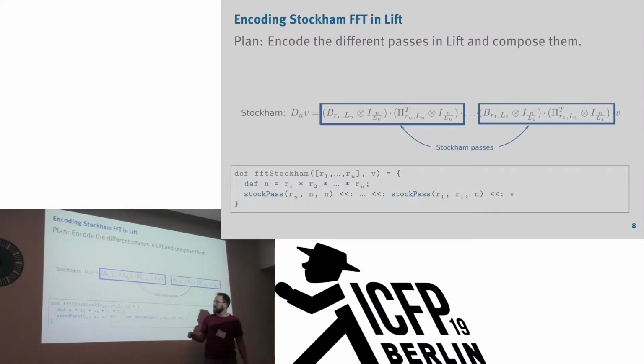And then we apply a lift function, stock pass, to v, and then we apply one stock pass after another until we have computed the entire Fast Fourier Transform. And as we can already see, the stock pass function is reused over and over again, and we simply use different parameters. So this tells us that we definitely want to encode the stock pass, and after that we can already express FFTs in Lift.